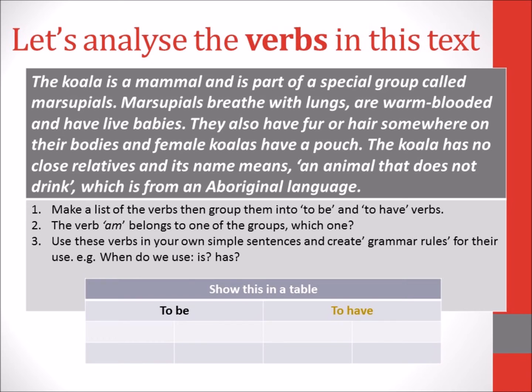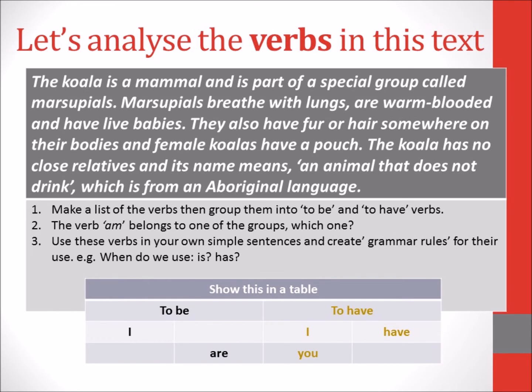They also have fur or hair somewhere on their bodies, and female koalas have a pouch. The koala has no close relatives, and its name means an animal that does not drink, which is from an Aboriginal language. Okay, so can you find the verbs of being and the verbs of having from that text? Let's have a look at the answer.